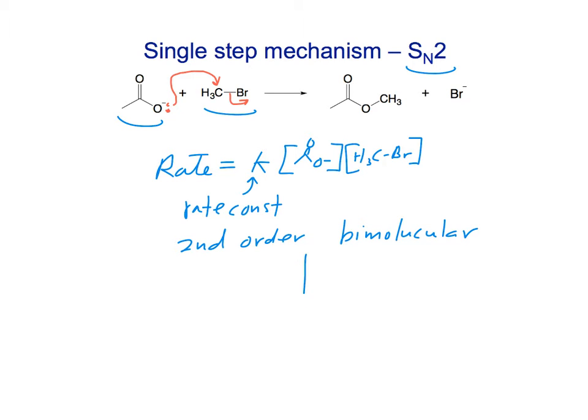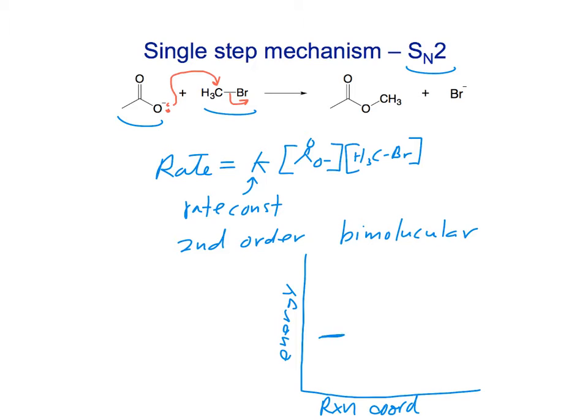Let's look at what the reaction energy diagram might look like for this reaction. Since it's a single step reaction, there will only be a single transition state. So remember, on these diagrams we have energy along the y-axis, and the reaction coordinate along the x-axis.